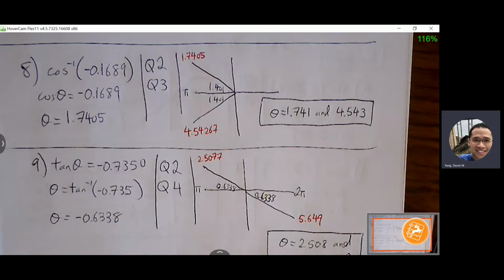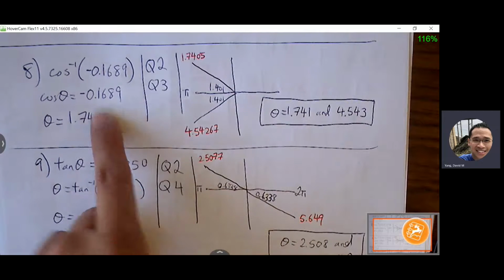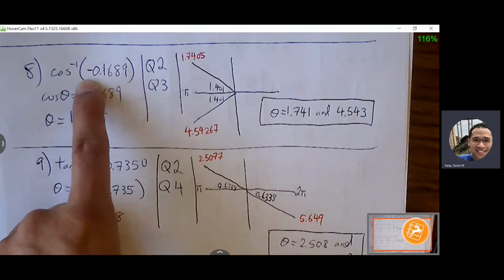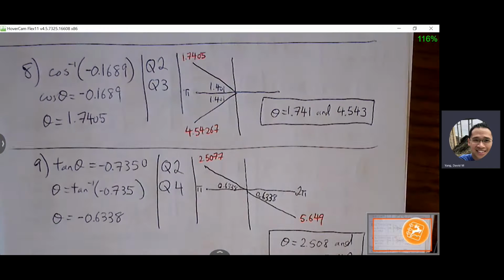Any questions here? For these problems for cosine, is it quadrant 2 and 3 if it's negative? Yes. If it's positive, then it'll just be 1 and 4.